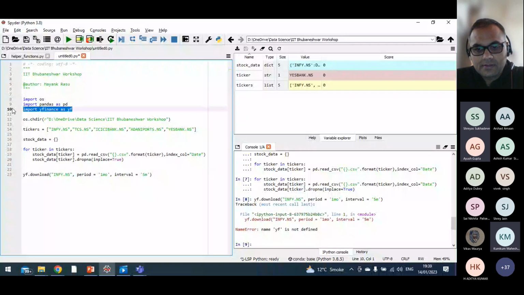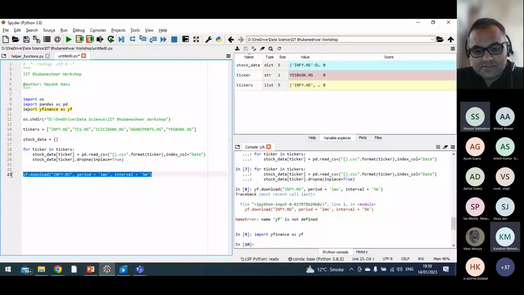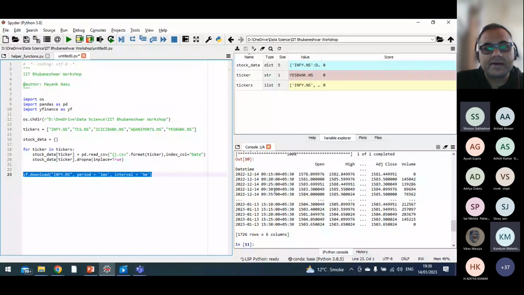Okay, so now if you run this, you will see that you will get the exact same data. So this step eliminated the need to go into Yahoo Finance and manually extract financial data into CSVs.